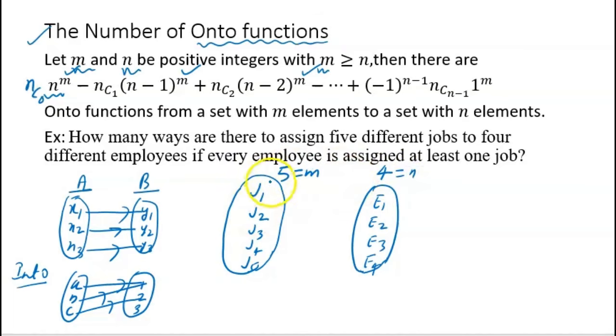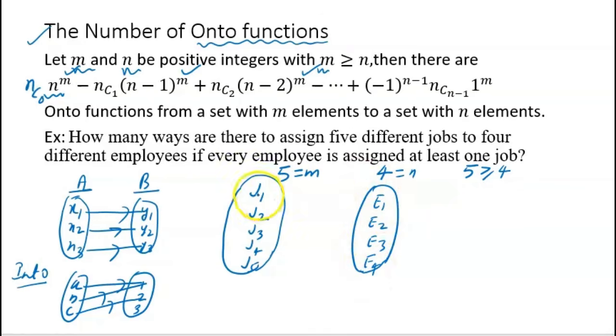So we are defining the mapping from this set to the other set, and clearly you can see the first requirement, that m should be greater than or equal to n, is satisfied because 5 is greater than or equal to 4. Now this problem can be seen as a problem related to counting the onto functions, because we want every employee to be assigned a job, meaning none of them should be left out.